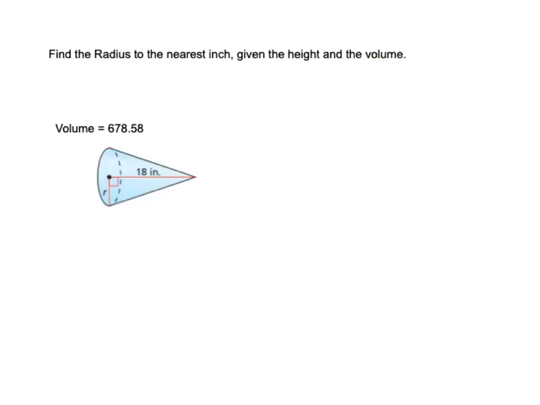Okay, this one, same basic idea, except this time we are using the volume. It gives us the height, and it gives us the volume. Since it says volume, we're going to use our volume formula, which is pi r squared times h divided by 3.